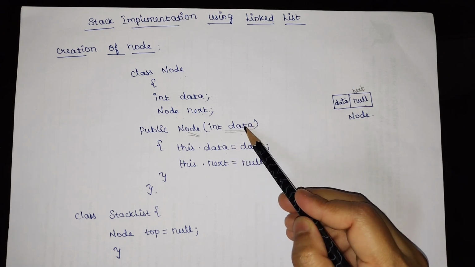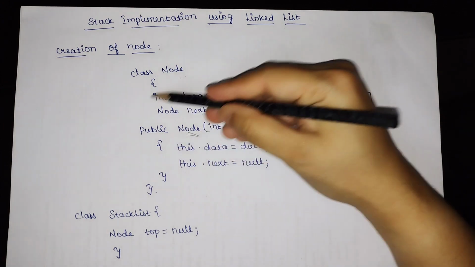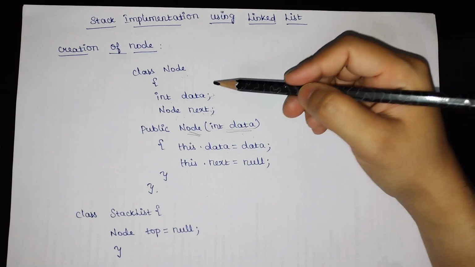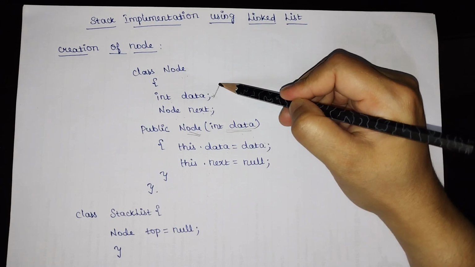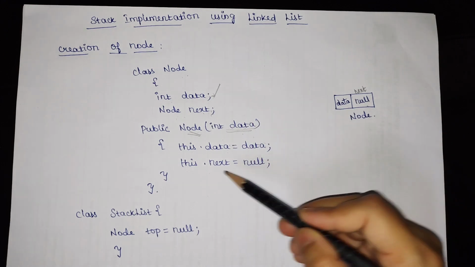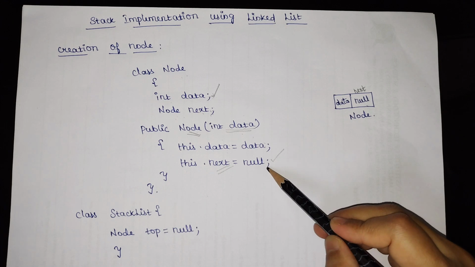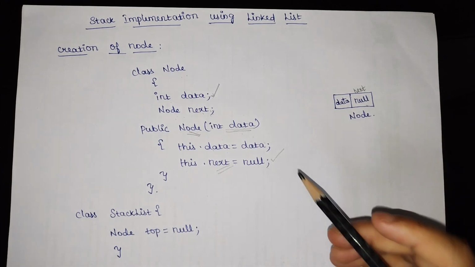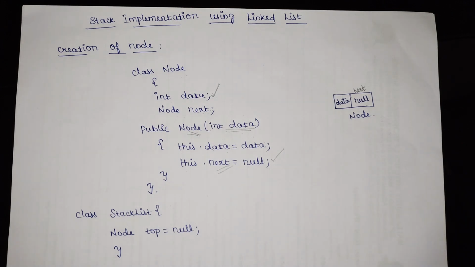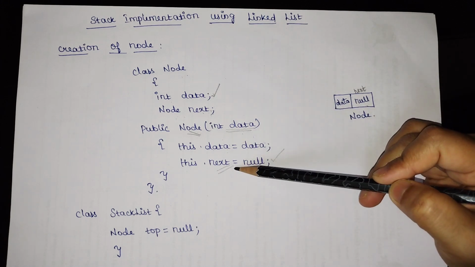This data refers to the class data, and you are assigning the passed data value to it, initializing it here. And for the next field, you always initialize it with null, because once a node is created, its next address will be null until it gets connected with other nodes in the linked list. So this is how you create a node first.